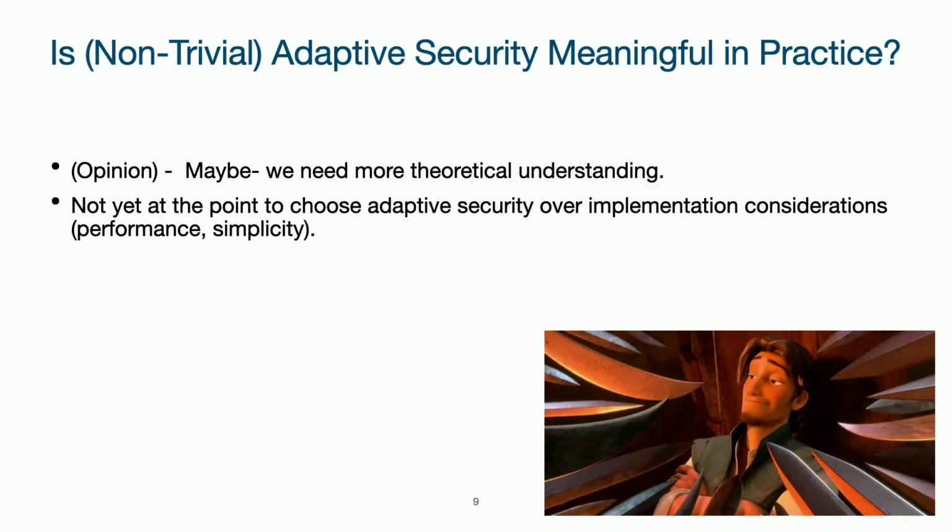For my personal opinion, I don't think adaptive security should be chosen over implementation considerations like performance or simplicity, but that could change depending on our analysis. Others might have different opinions, but I think it's an open question where the trade-off lies between implementation considerations and adaptive security.